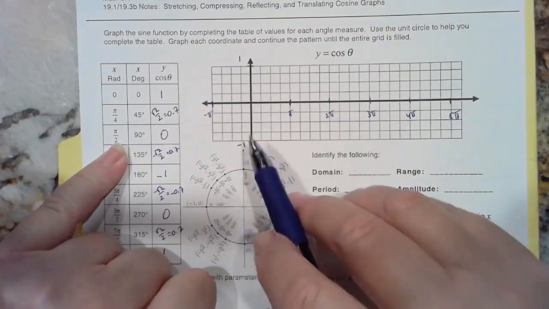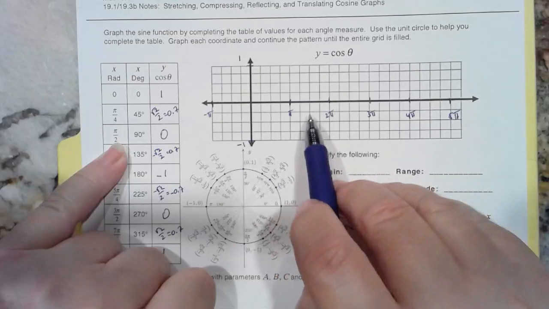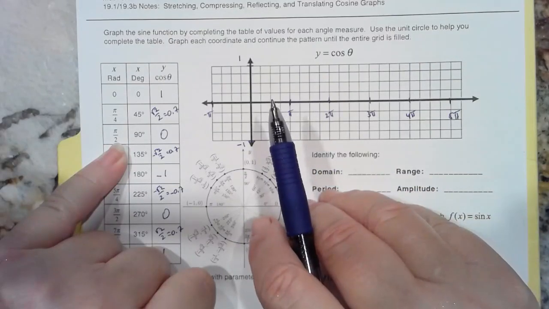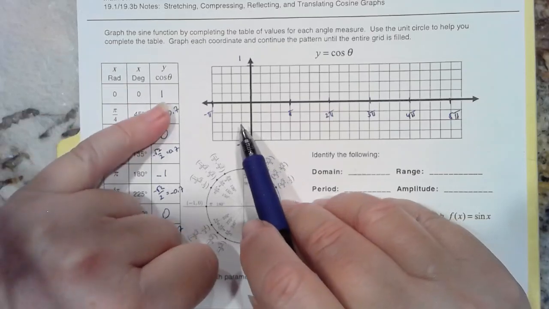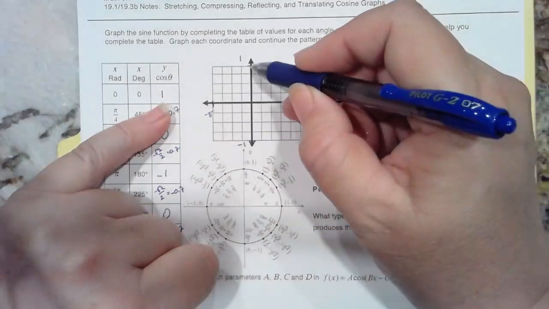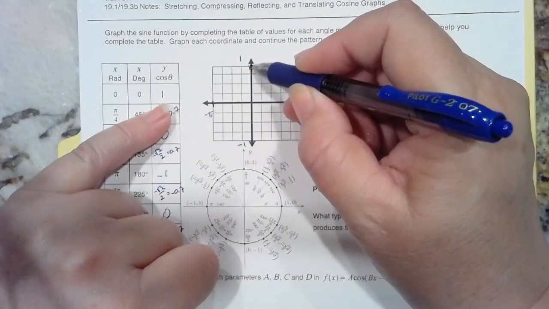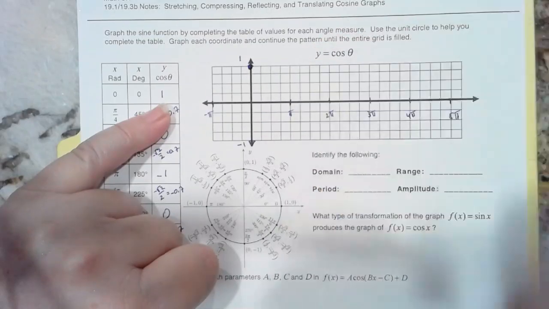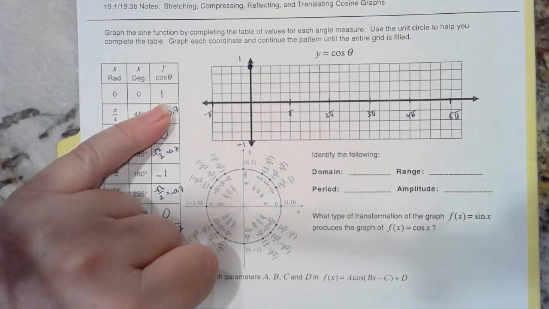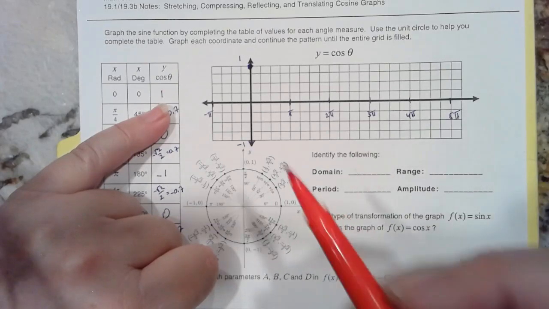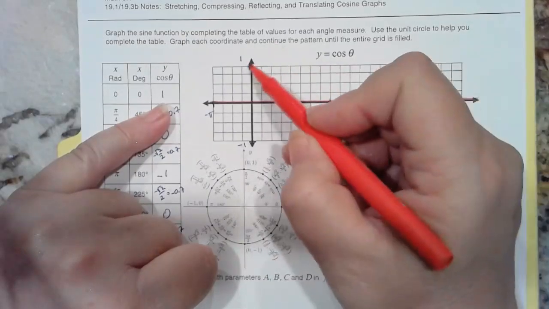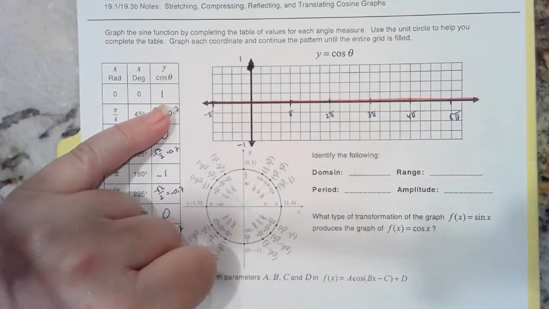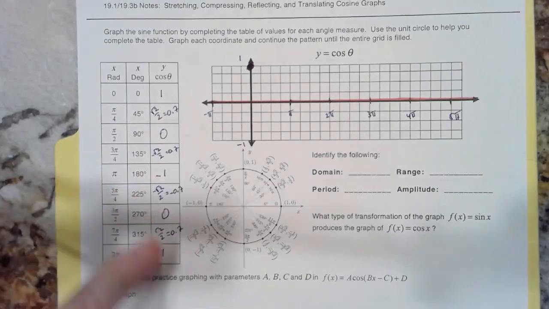Okay, so this one is going to be a little bit different than yesterday. Remember how yesterday we had a reference point and we had 3 of them. This one is different, where 0, 1 is your coordinate. So cosine starts above the midline. The midline would be your axis, and your reference point is going to be above the midline.